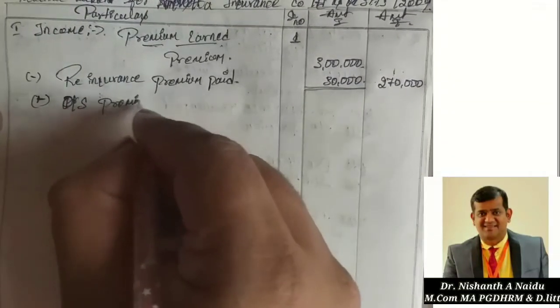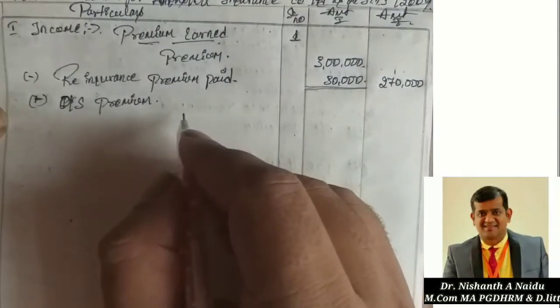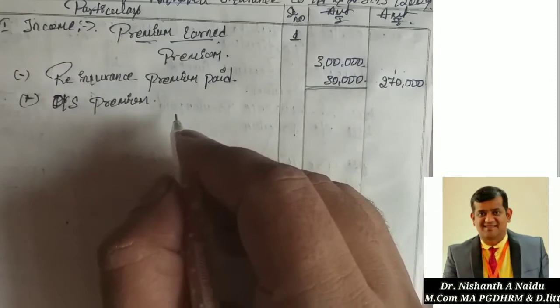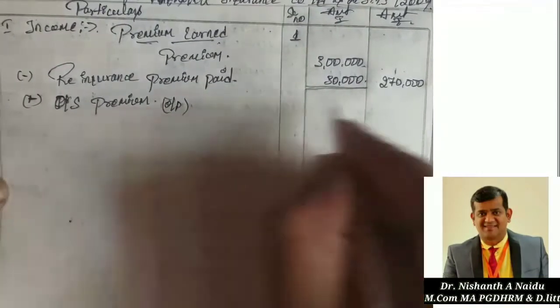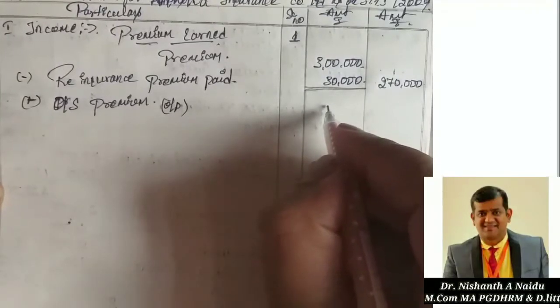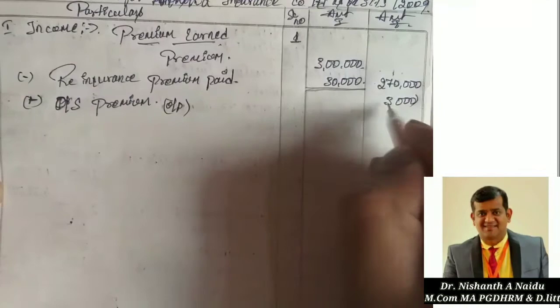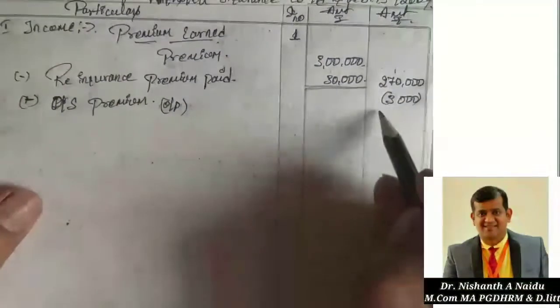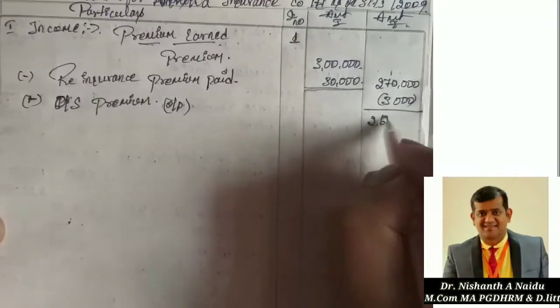How much? Check out, 3,000 rupees. The last item, premium outstanding on 1/4/2008, that is opening, so we are going to deduct that. That is 3,000 rupees. Okay, so deduct that. So how much did you get? 2,67,000 rupees.